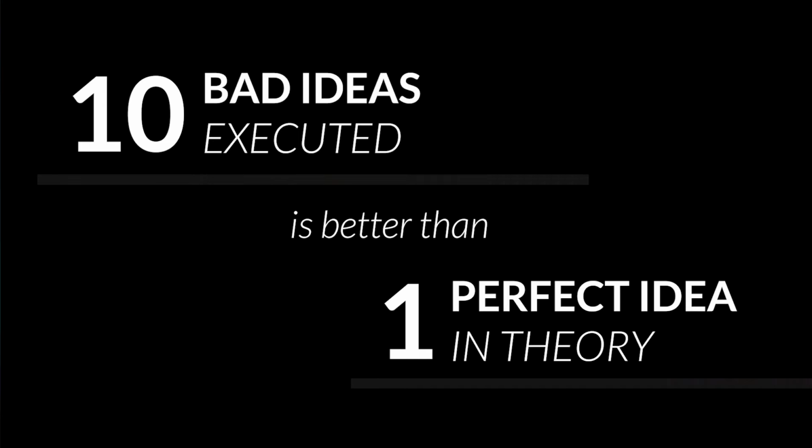Especially when you're doing initial mock-ups, it's better to have 10 bad to mediocre ideas than it is to have that one perfect idea. Because when you create 10 bad ideas, it seems like there's always one good or great idea that evolves from those 10 bad ideas.